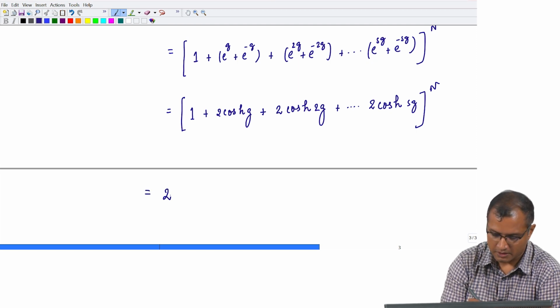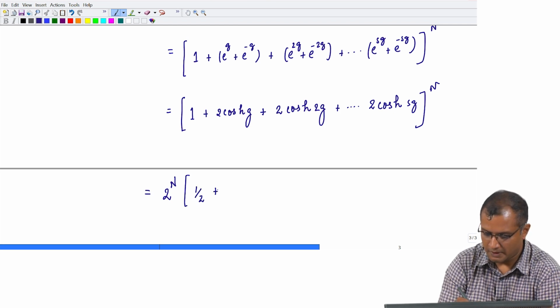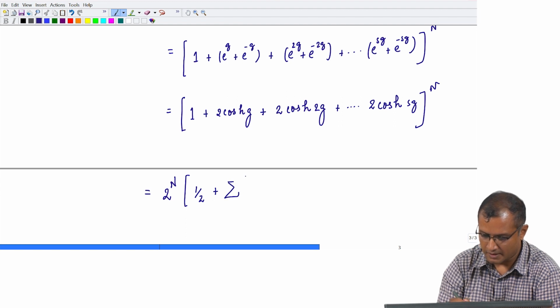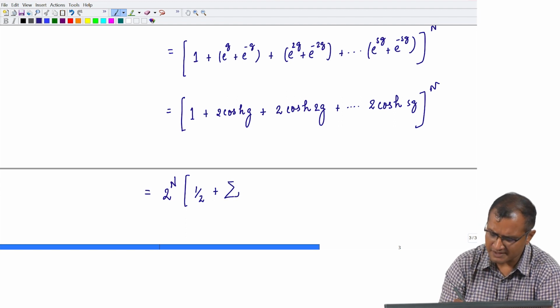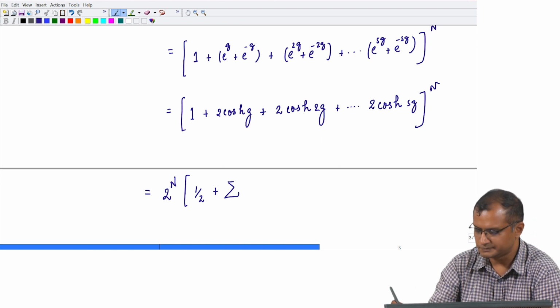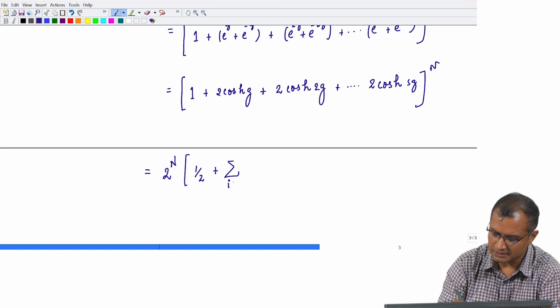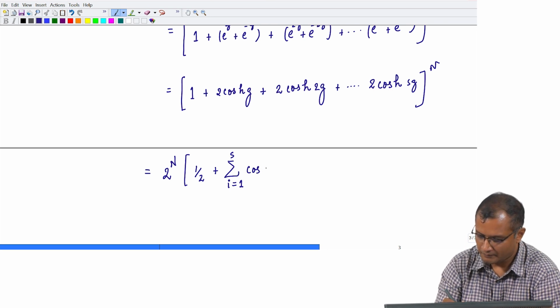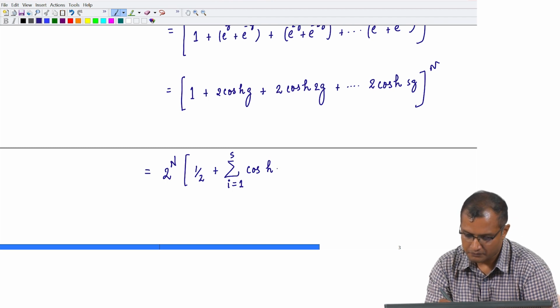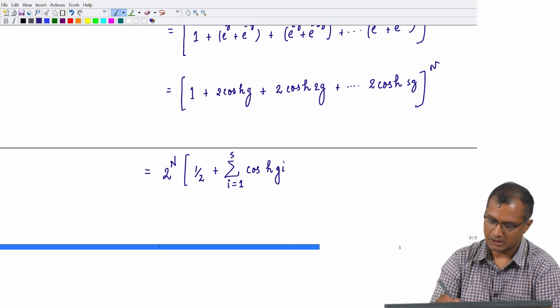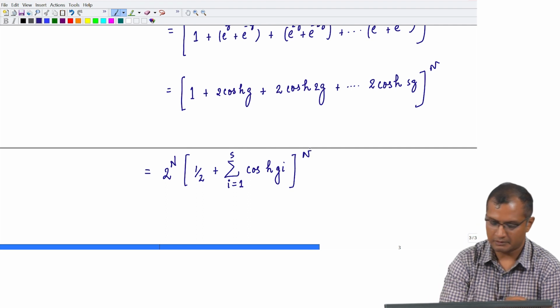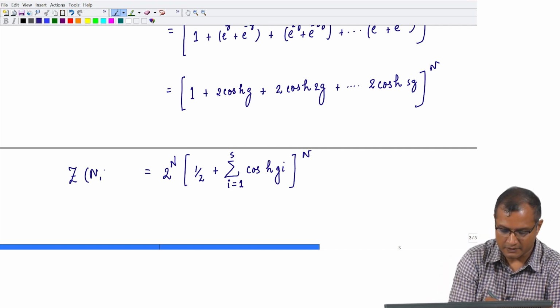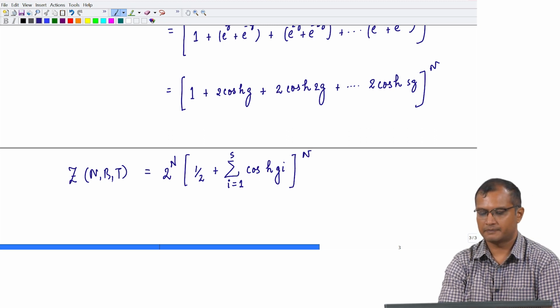So, this will make me 2 raised to n into 1 by 2 plus summation, we can take some variable, let us take i going from 1 to s cosine hyperbolic gi, the entire thing to the power n. This is my partition function for constant field and temperature.